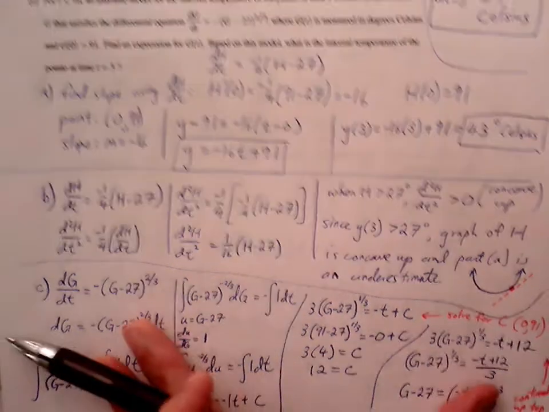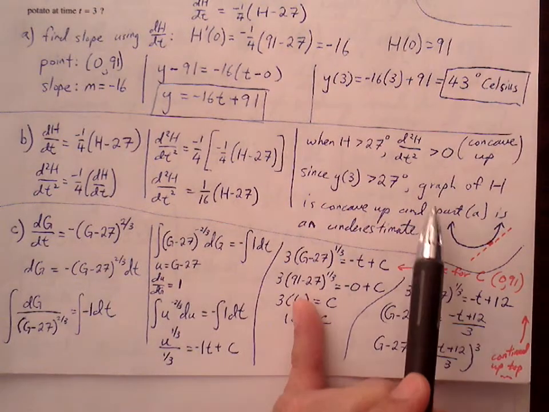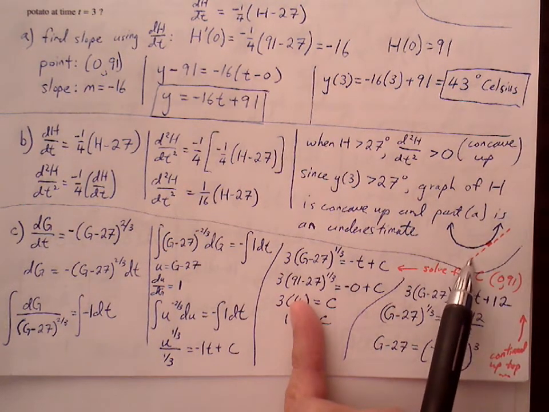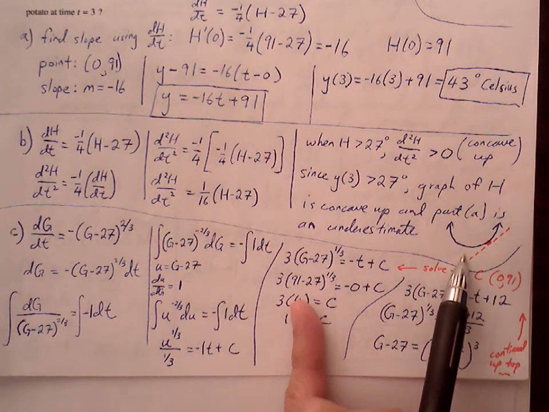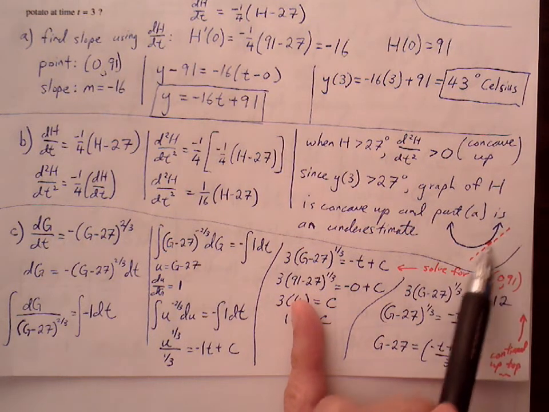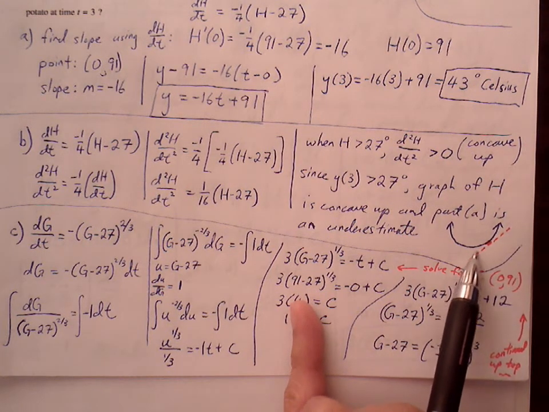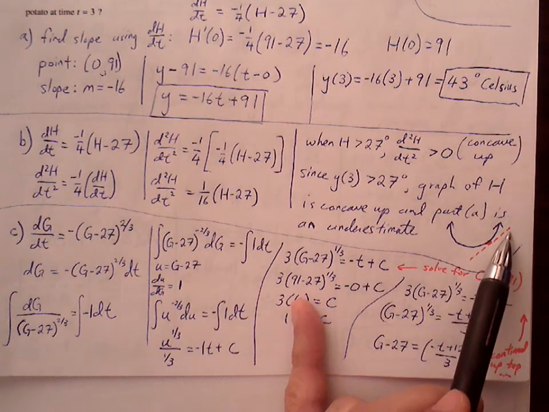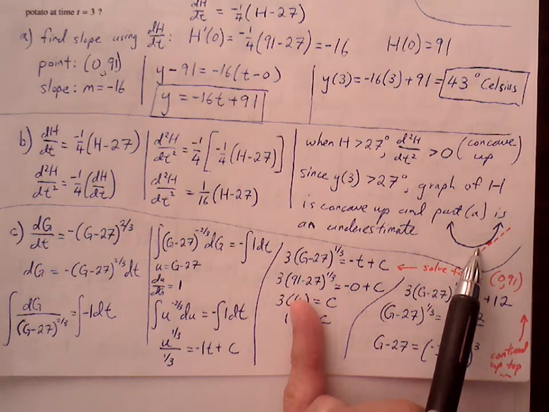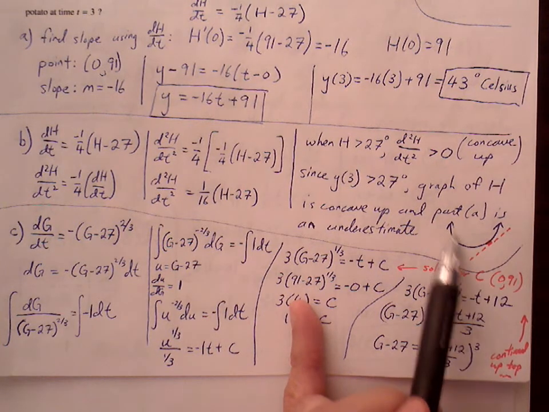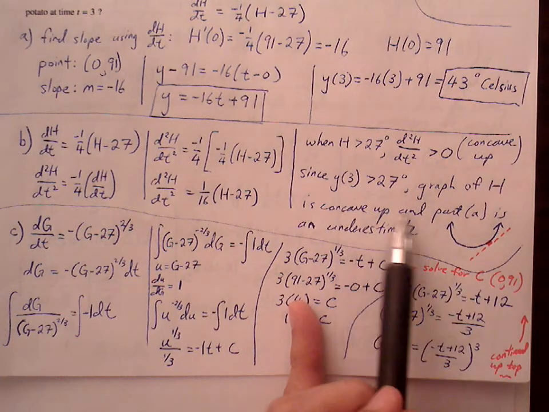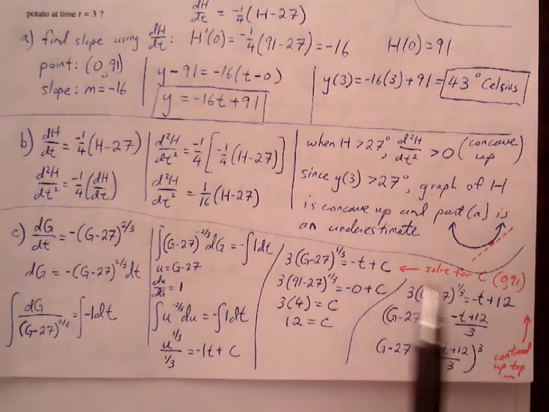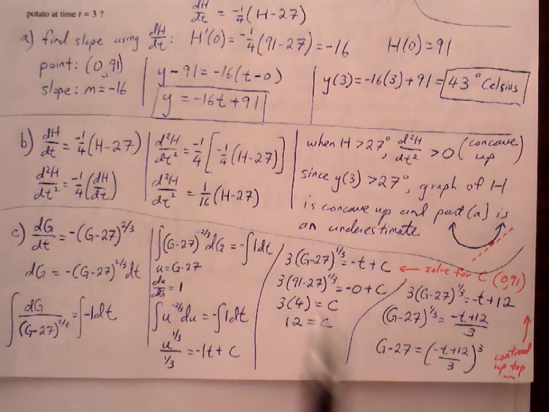And if it's part of a concave up graph, here's a visual, then any tangent line, any approximation, any line that is tangent to a portion of a graph that is concave up, we know that any point on this line is going to sit nicely below the curve. So any point on this line is going to underestimate the actual value on the curve. So we can say, because the graph is concave up, we know part A, this 43 degrees, is going to be an underestimation of the actual temperature at t equals 3.